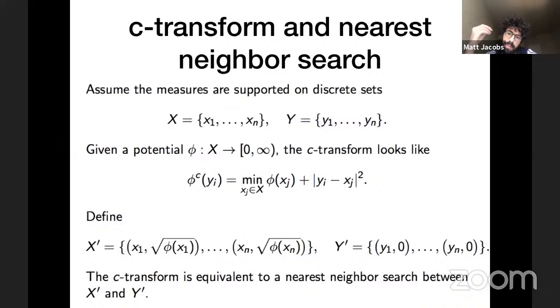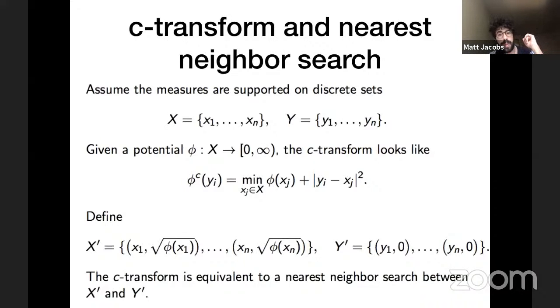If I embed all of these points in one higher dimension, and I append X with the value of square root of phi at each point, and I append the points in Y with the value 0, then the distance between any two points is exactly this thing that we're trying to optimize in the C transform formula. And so you can compute these C transforms by doing a nearest neighbor search.